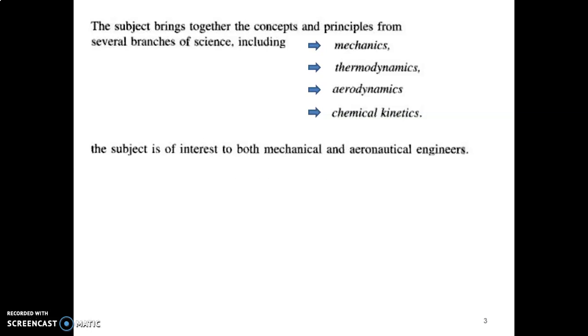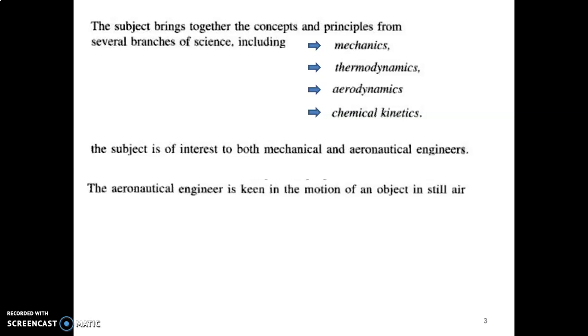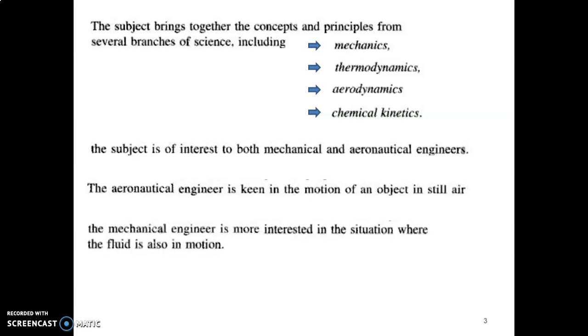Now, this subject is of interest to both mechanical and aeronautical engineers. Let us see why. The aeronautical engineer is keen on the motion of an object in still air, whereas the mechanical engineer is more interested in the situation where the fluid is also in motion. Basically, the aeronautical engineer is interested in the movement of the object in still air. We can take the case of an airplane.